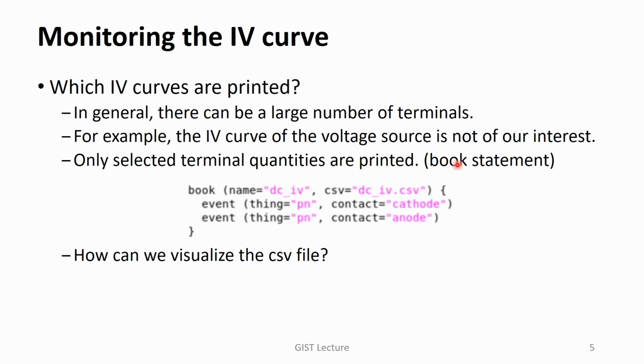Using the book statement, only selected terminal quantities can be printed. Here, CSV represents the name of the CSV file, the output file. We will consider two terminals of the p-n junction. Other quantities are not printed.